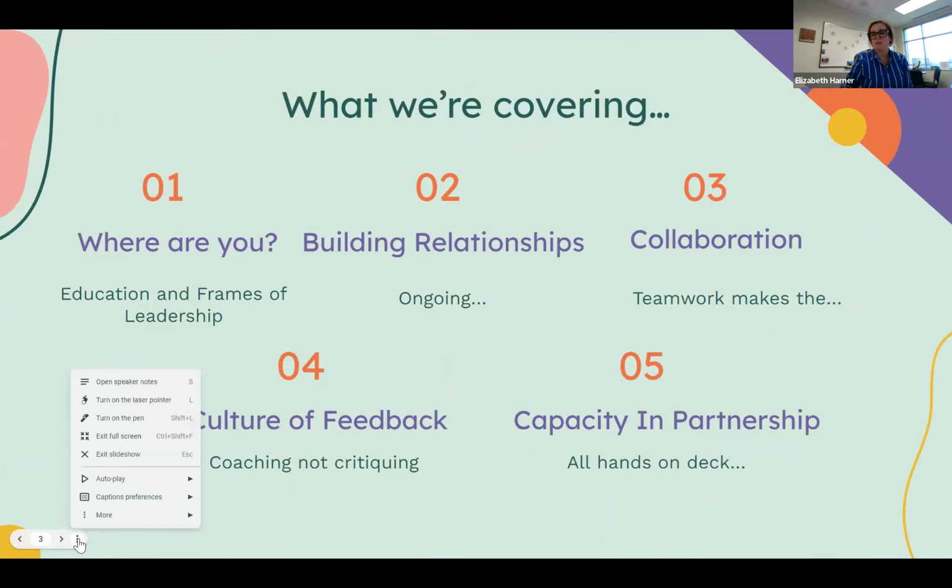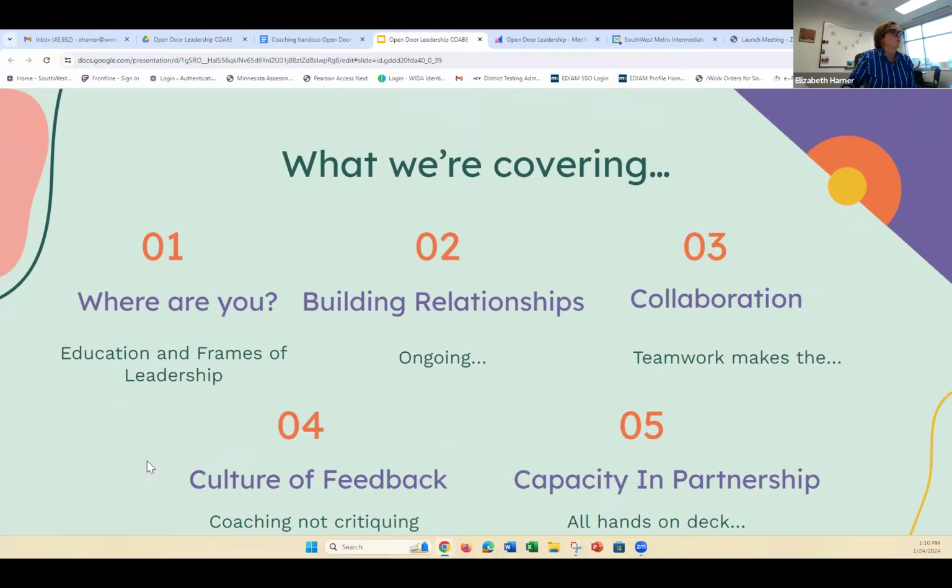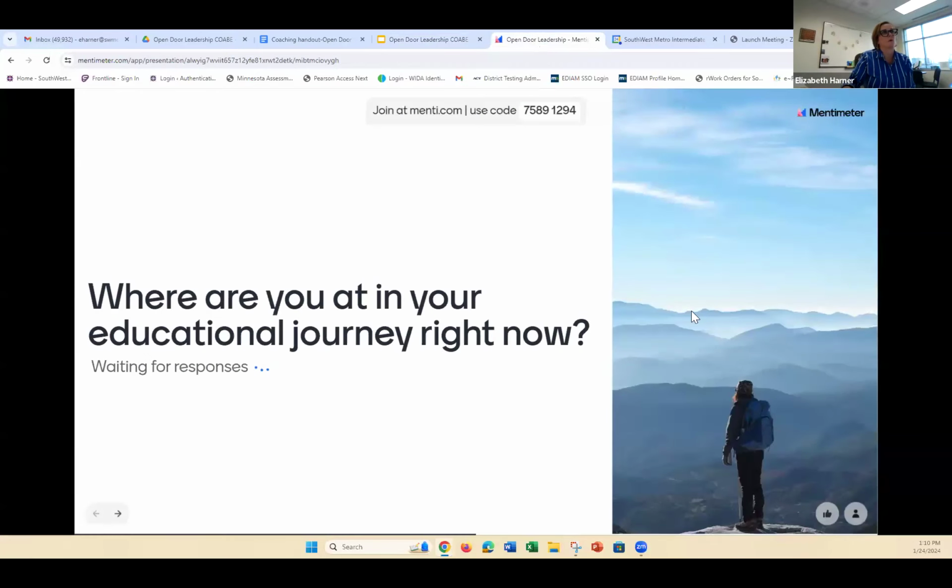If you could use your cell phone for this, this would be the best way to do this poll. This poll is a Mentimeter poll, if you're not familiar with it. If you pull up your browser on your cell phone and put in menti.com. I really just want to hear from you guys. Where are you at in your educational journey right now? Are you new to being an administrator?